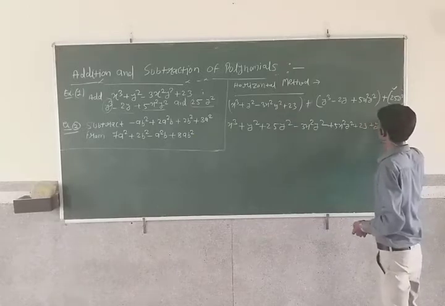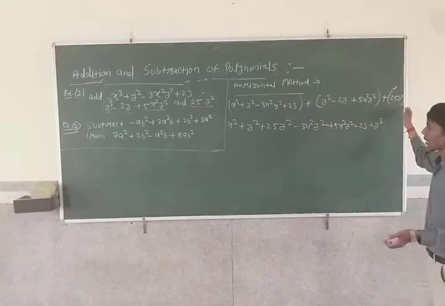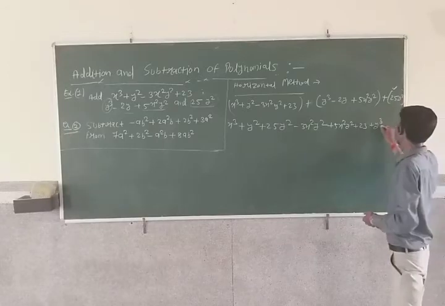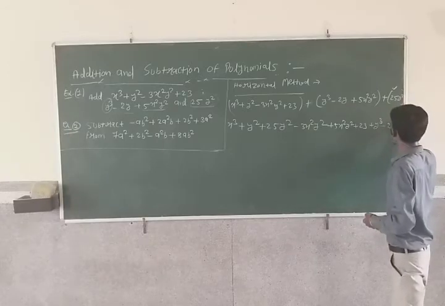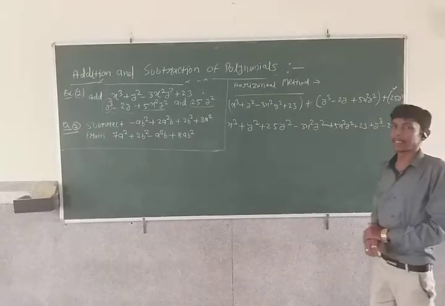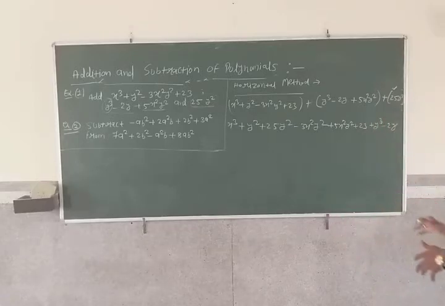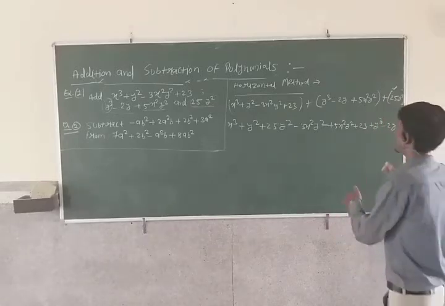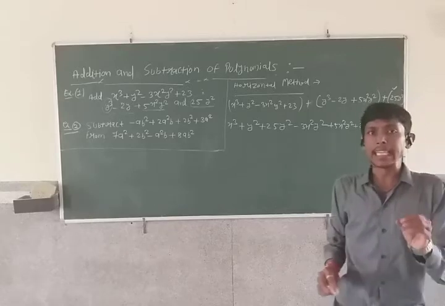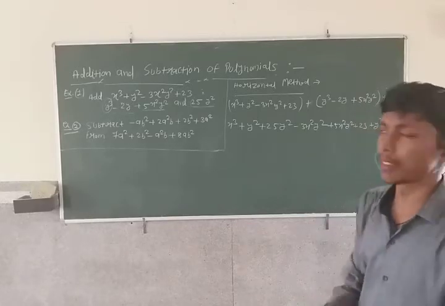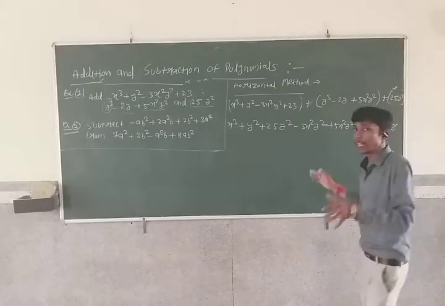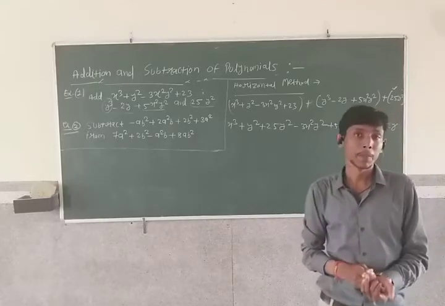Then y cube will also be written as it is because we don't have any other term of y cube, and this minus 2y will also be written as it is because we don't have any term containing the variable y. So what we need to do is to combine all the like terms.